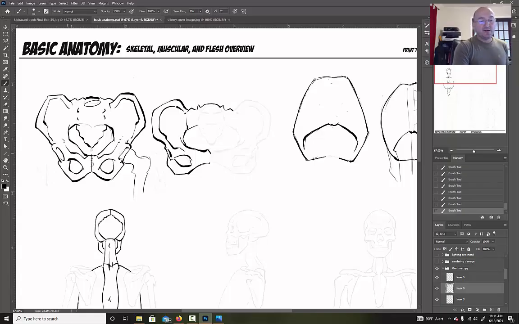The distance here to where the bone sits is going to be a much more vertical position on a male skeleton for the femur bone. On a woman, you see this is a steeper angle.